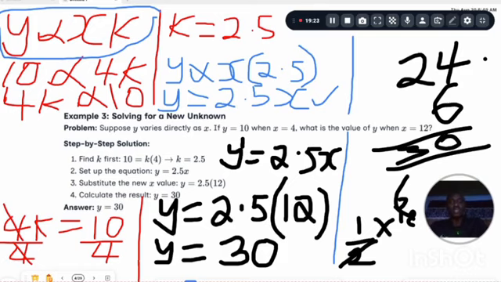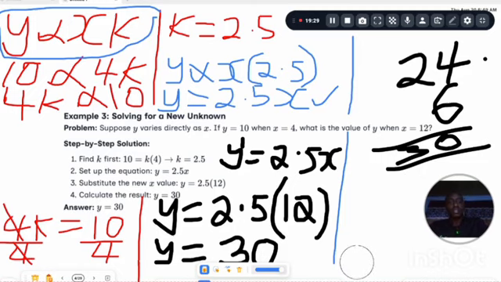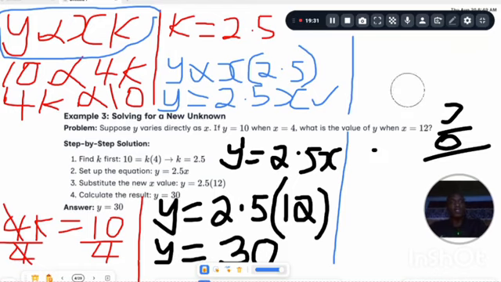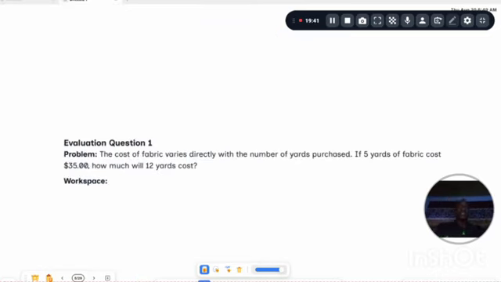And if you look at the answer here, the y derived is 30. So that's just how to go about direct derivation. So let me look at the next question here. I want you to try this by yourself.